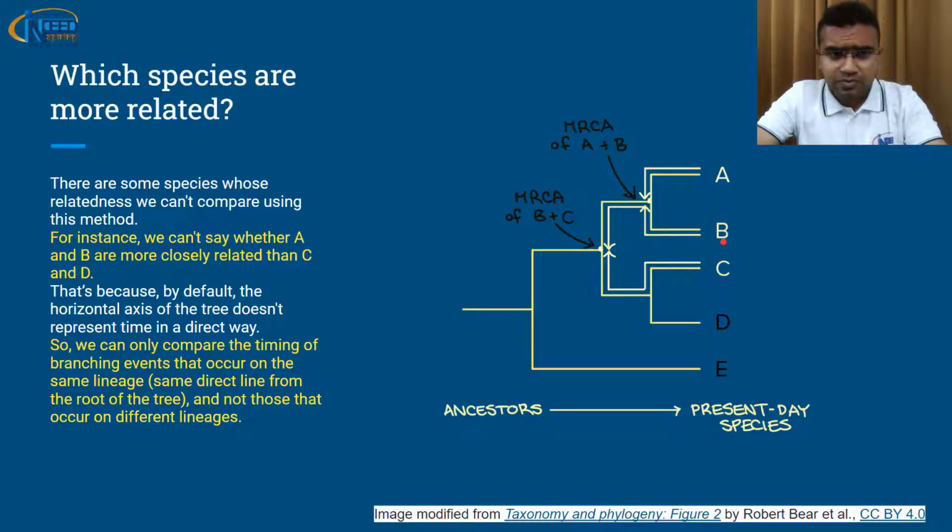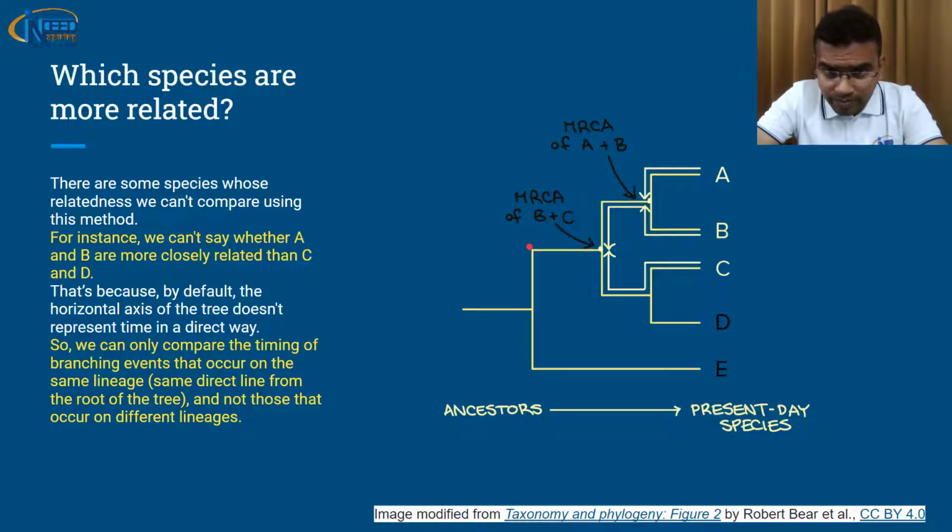That we cannot compare that A and B are more closely related than C and D because we do not have enough information. What we can do is only compare the timing of branching events that occur on the same lineage, the same direct line from the root, and not those that occur on different lineages.